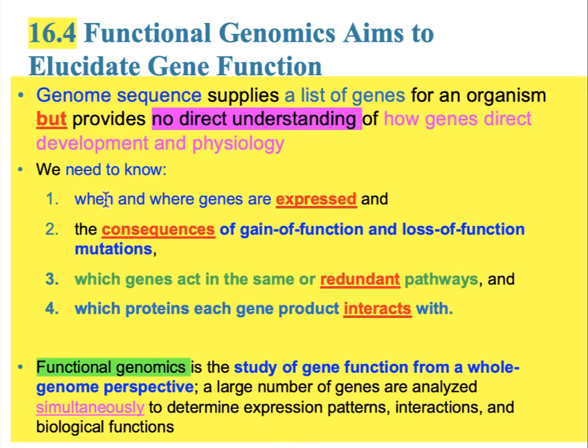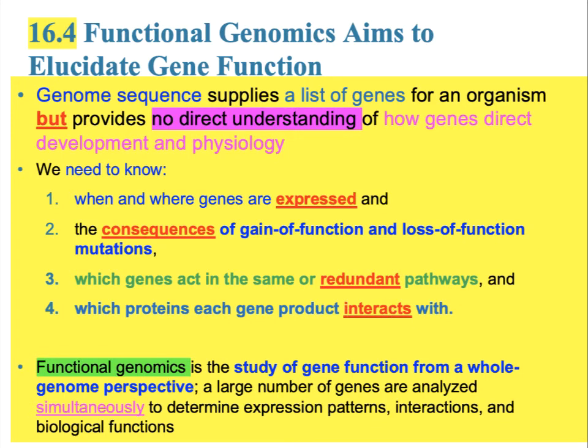Well, we need to know when and where these genes are expressed. And we need to know the consequences in terms of mutations of these genes. Do they provide a gain of function or a loss of function? We also need to know, are these genes part of a redundant pathway? Or which proteins each gene product interacts with eventually?